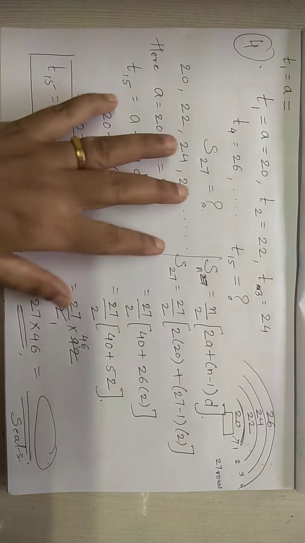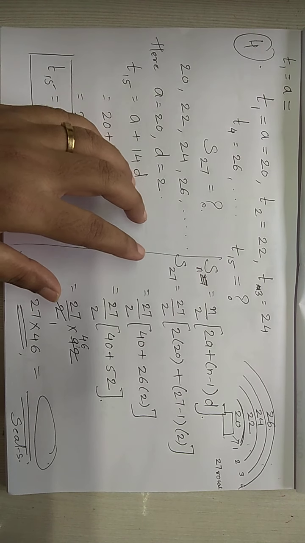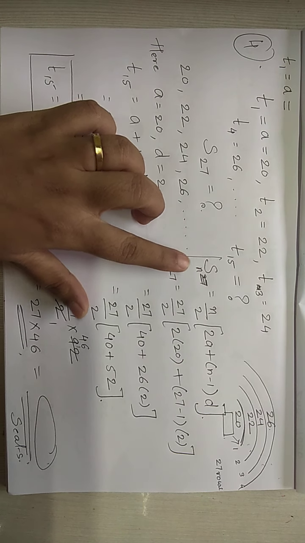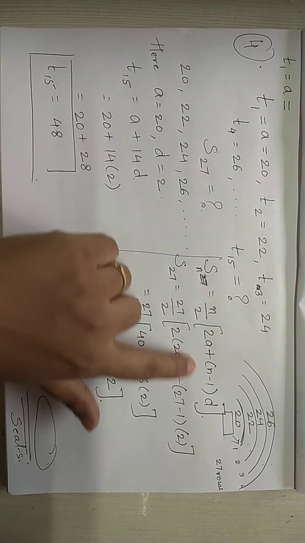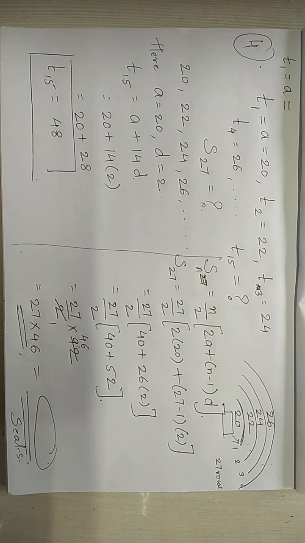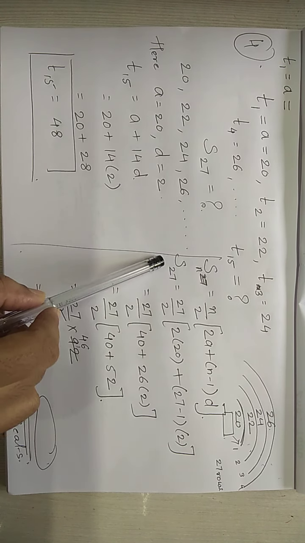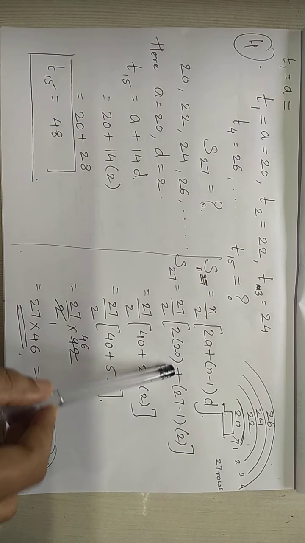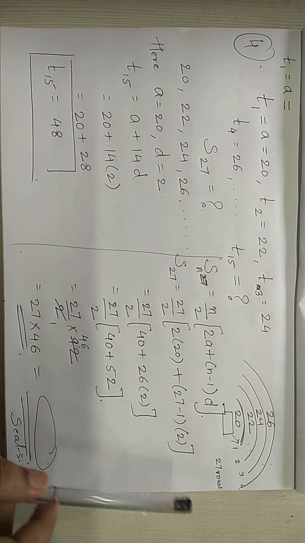Now let's find the total seats in the auditorium. So we use the formula of Sn. Sn formula is n upon 2, 2a plus (n minus 1) into d. So we have S27. Why? Because there are 27 rows in the auditorium. So S27 will be 27 upon 2, 2 into 20 plus (27 minus 1) into 2.